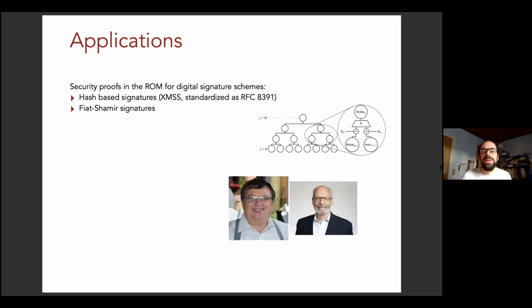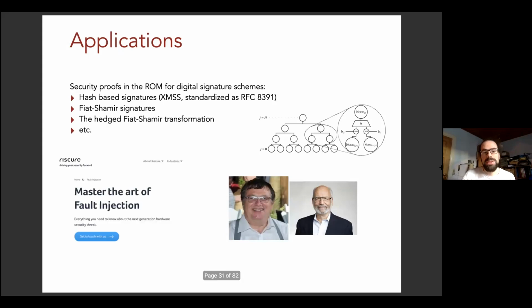But also Fiat-Shamir signatures, which is a class of signature schemes that are constructed in a generic way from a certain class of interactive zero-knowledge proof systems. And in addition, also a variant of this Fiat-Shamir transformation that guards against so-called fault injection attacks, which are hardware attacks, et cetera. So there are a couple of applications.